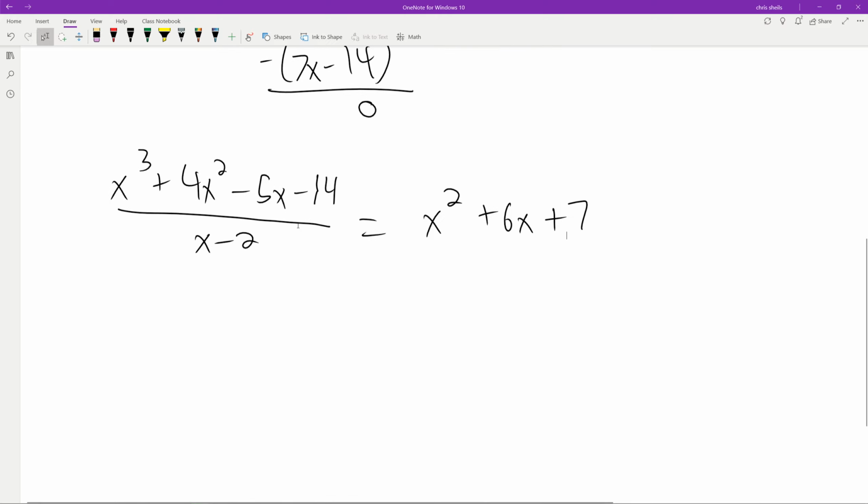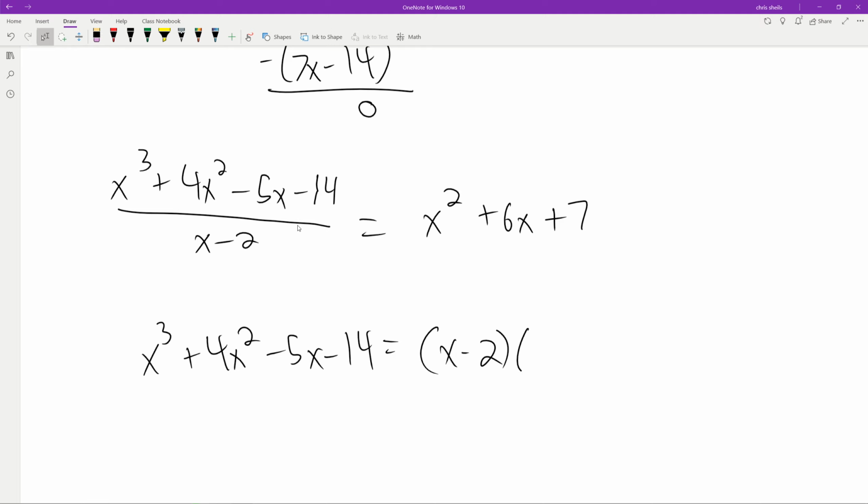Or I could say that x cubed plus 4x squared minus 5x minus 14 equals x minus 2 times x squared plus 6x plus 7. Good.